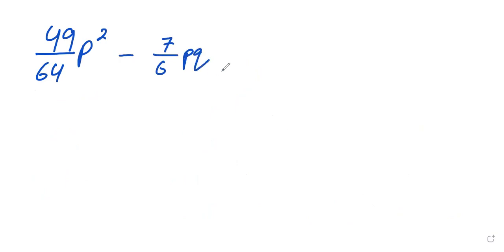Look here: 49 upon 64 b square minus 7 upon 6 b cube plus 4 upon 9 q square. Two minutes are left.